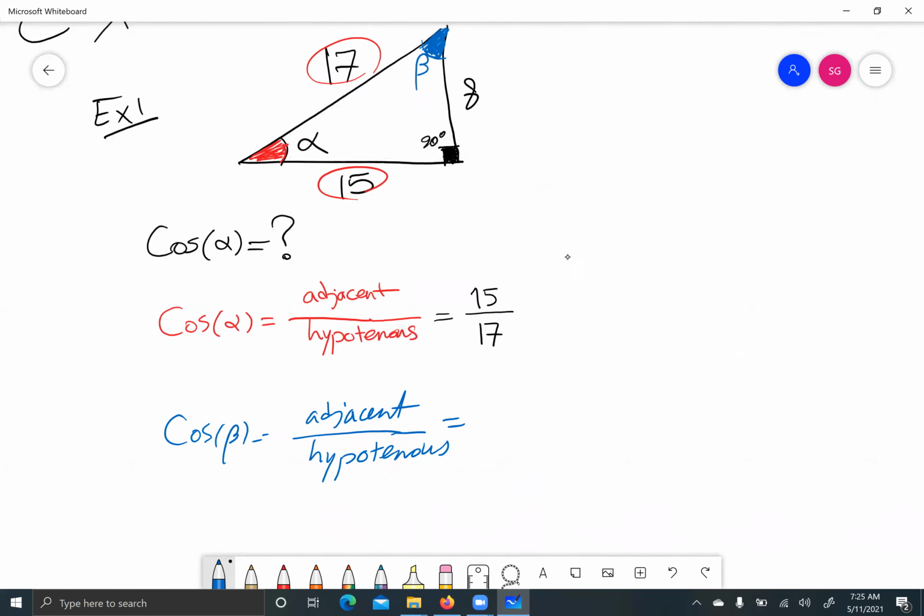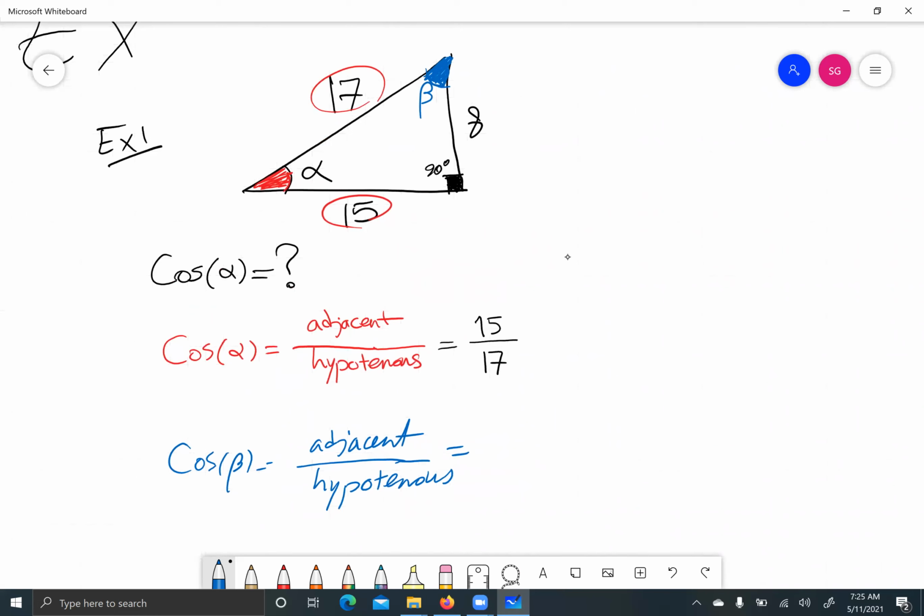Look at beta. For beta, 15 is the opposite side, and 8 is the adjacent side. So it's going to be 8 divided by 17. You see the difference? For alpha, this is the adjacent side.